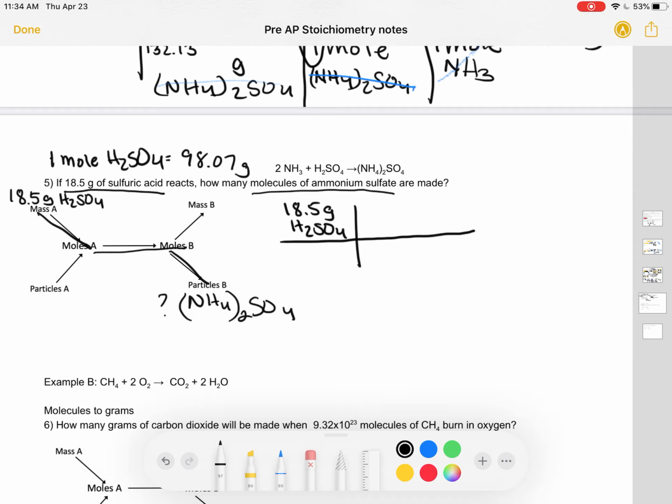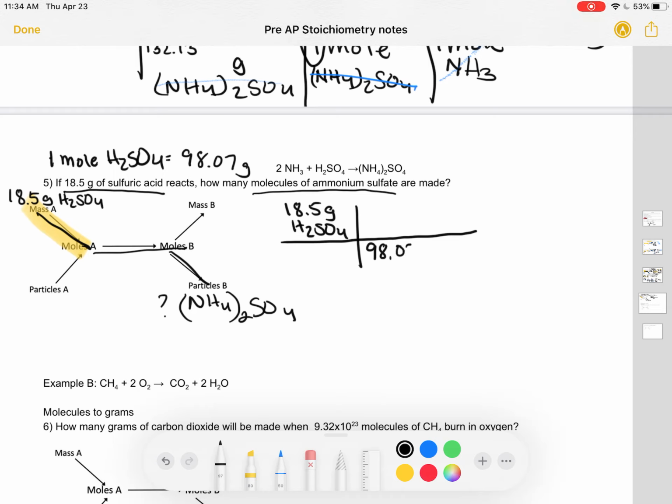Okay, we have to get rid of grams and get moles, so use our molar mass here. There are 98.07 grams of H2SO4 in every 1 mole of H2SO4. Okay, and our mole ratio is a 1-to-1 ratio.